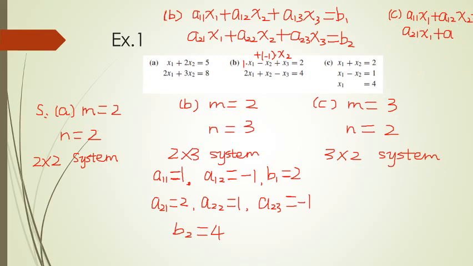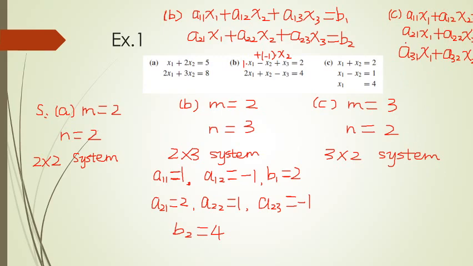We don't have x3. We only have 2 variables. Why should we write A13? That's why the systems are different, right? It depends on the values of m by n. And then A31x1 plus A32x2 equals B3. That is the 3 by 2 linear system in the standard format, right?